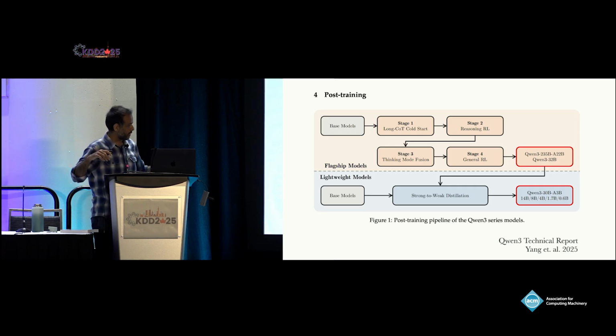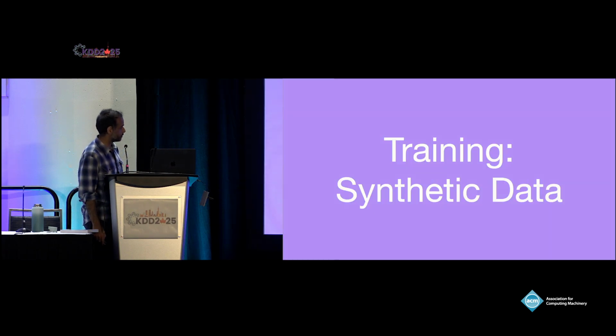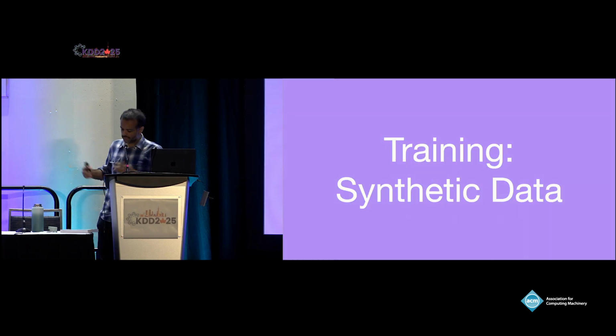That's a giant model, and then they distill it into these much smaller models that are much more capable, let's say, than models of the same size at the time of release. So this is a recipe to go through, training a big model and then distilling it to smaller models and enabling them.